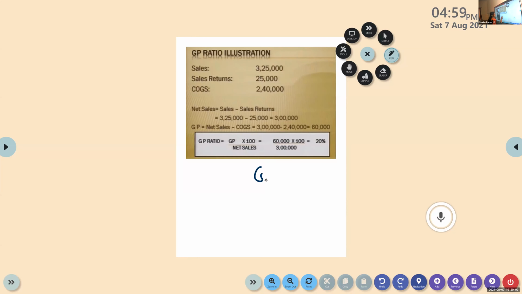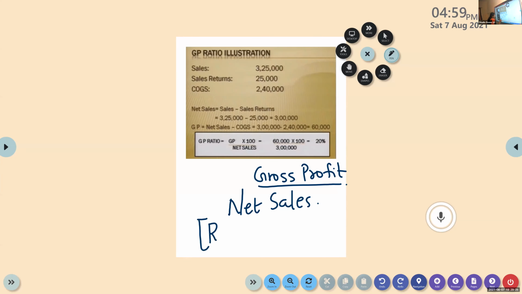So gross profit divided by net sales. This is the formula I have given you. Instead of net sales, you can also see the term revenue from operations. This is another term. It is the same as net sales.